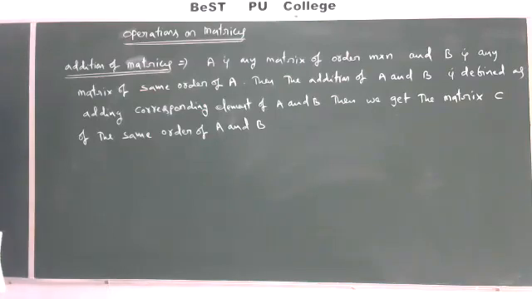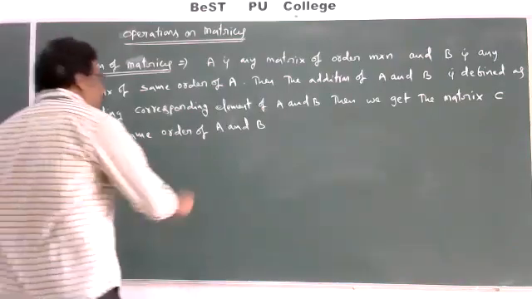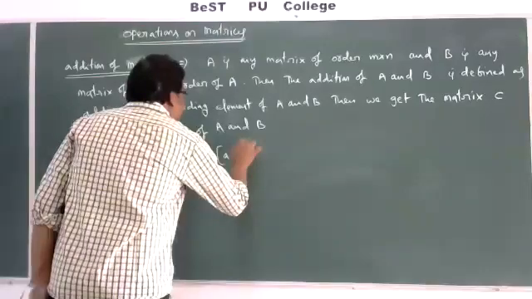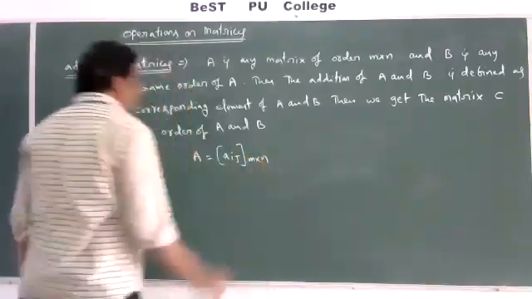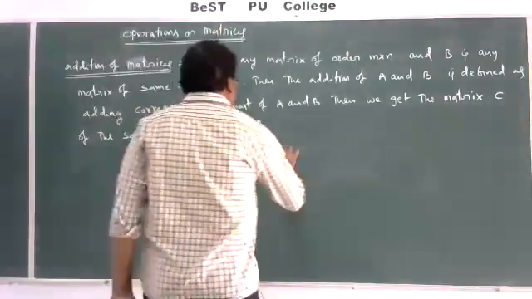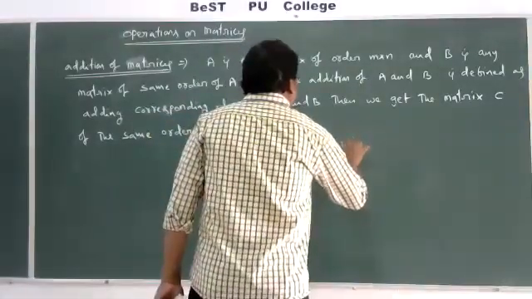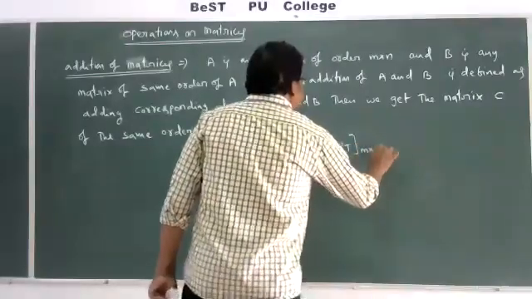A is any matrix of order m by n and B is any matrix of the same order of A. Then the addition of A and B is defined as adding corresponding elements of A and B. Then we get the matrix C of the same order of A and B. For example, you write this: A is equal to Aij m by n and B is equal to Bij m by n, same order.